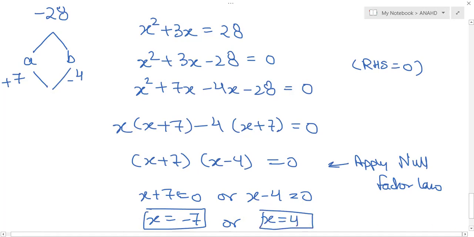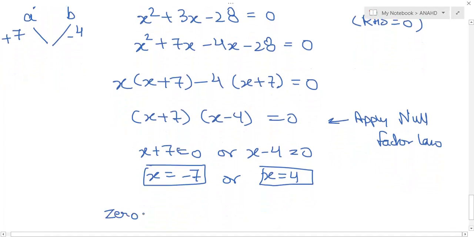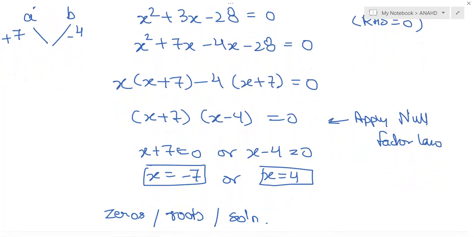So these are the two zeros, or the two roots, or the two solutions. Basically, these are three words given for the same thing in this quadratic equation.